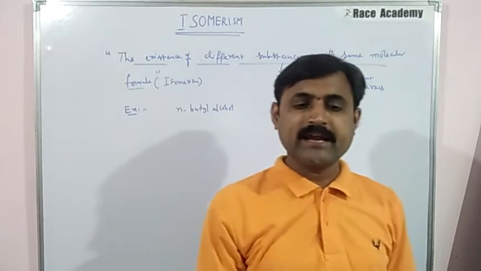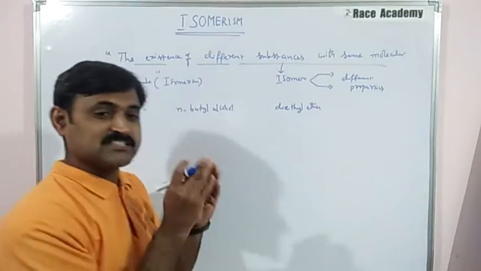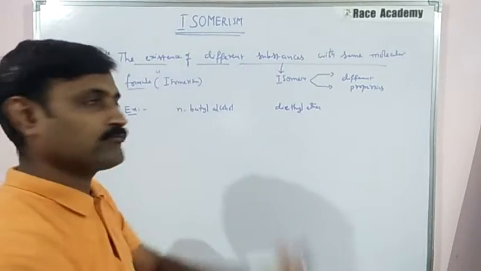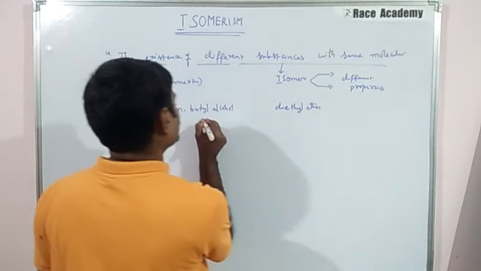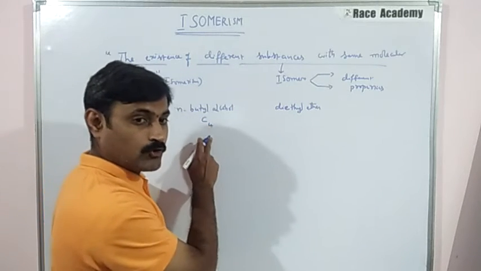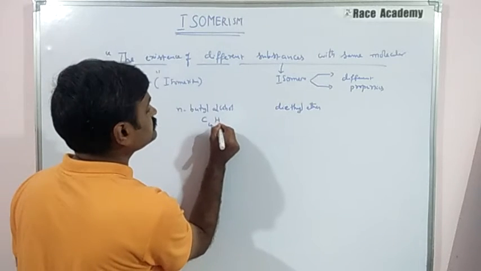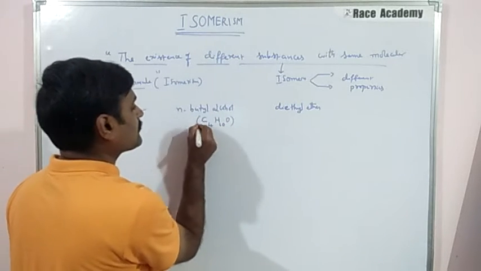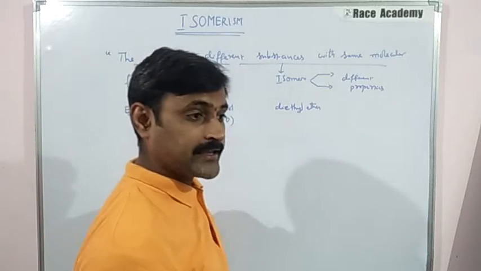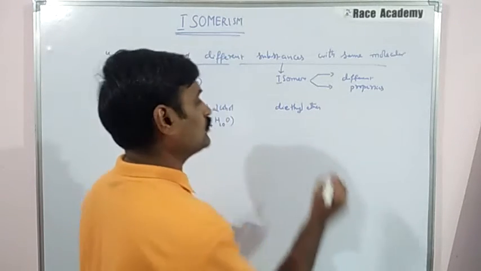What is the reason behind that? These two substances have the same molecular formula. The molecular formula of N-butyl alcohol is C4H10O, and the diethyl ether molecular formula is also C4H10O.